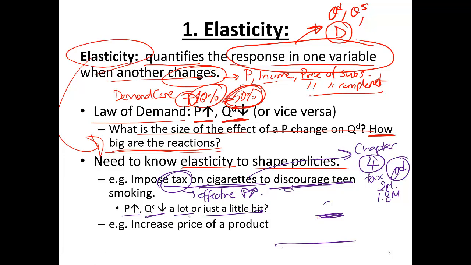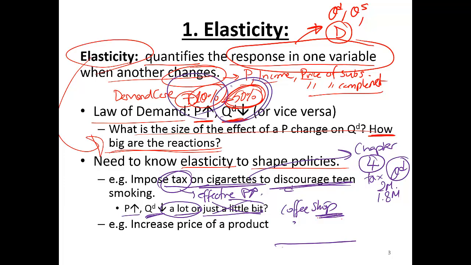Before we move on to the next example, let me just tell you something. For this policy to have a big impact, you don't want quantity demanded to go down just a little bit, you want it to go down a lot. So next example, an increase in the price of a product. This is exactly the example I gave you. Let's say I own a coffee shop and I increase the price of coffee by 10%.